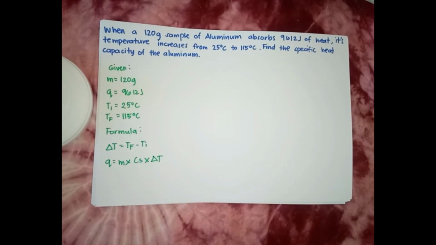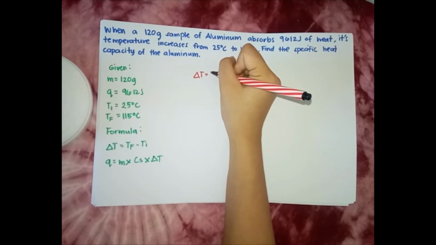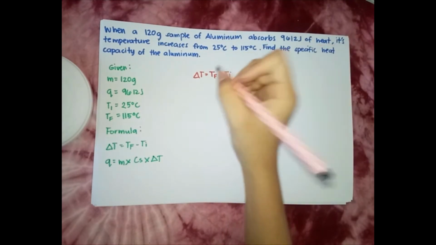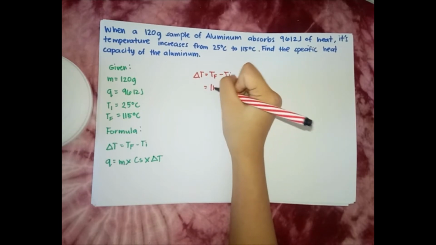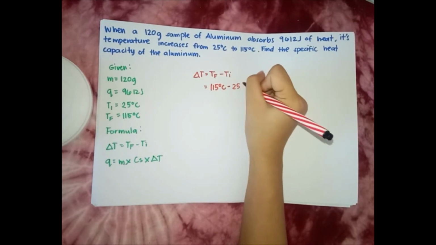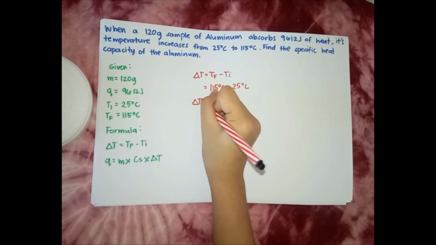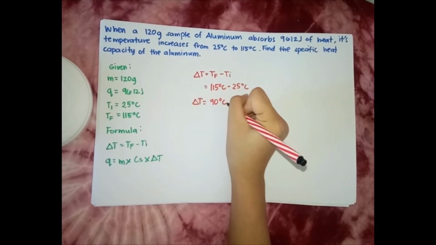So the solution is we first have to solve for the temperature change, which is delta T equals the final temperature minus the initial temperature. So we have 115 degrees Celsius minus 25 degrees Celsius. When we solve this with the use of our calculator, we have 90 degrees Celsius.